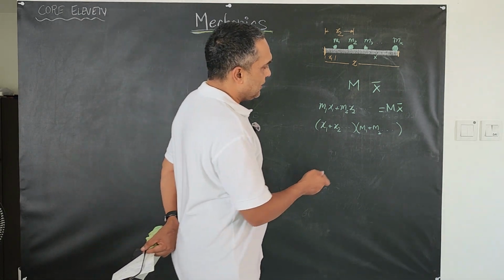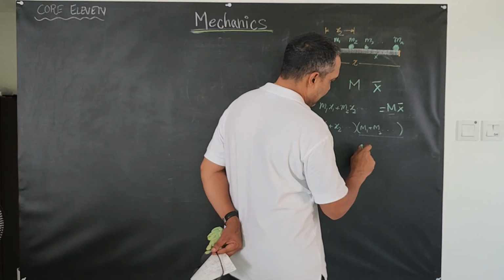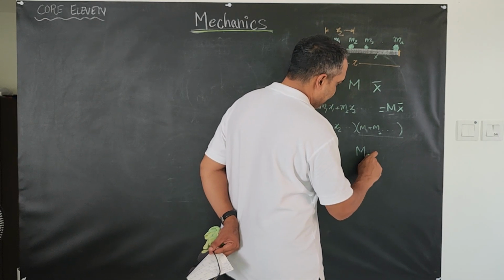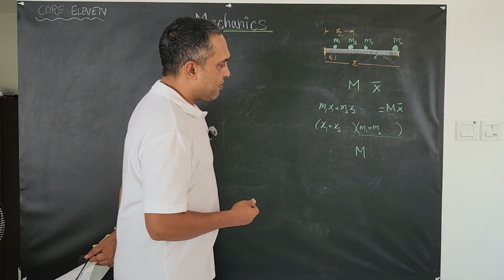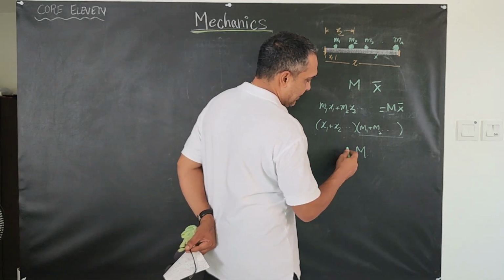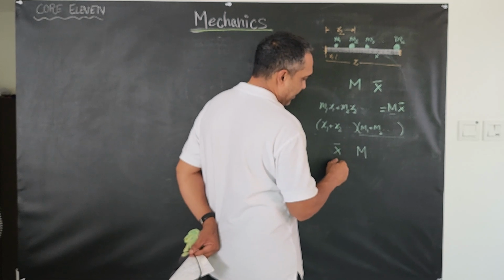But we know that this is effectively just M, so I would write this as just M, and then this summation is x bar, right, which is effectively the x bar coming here.